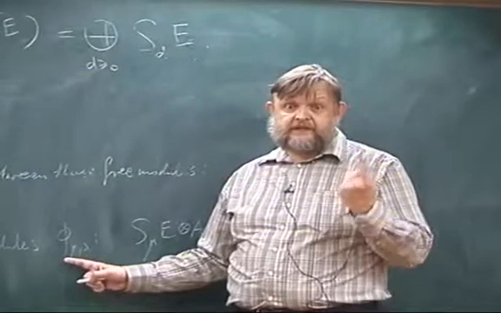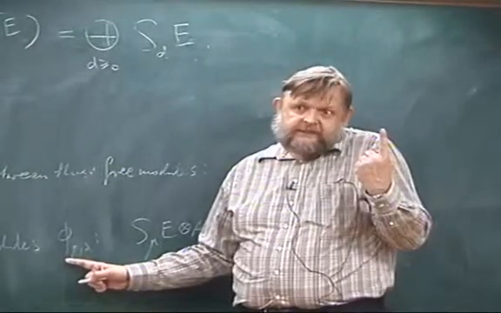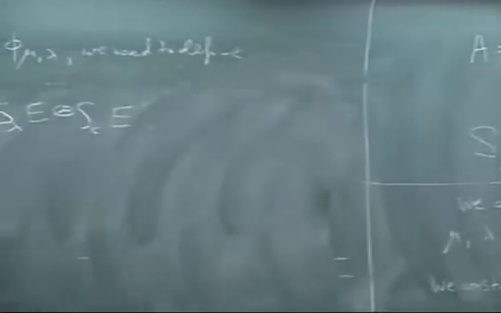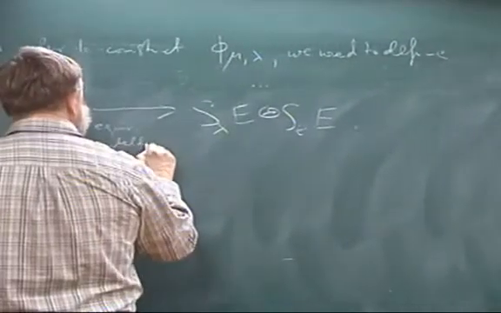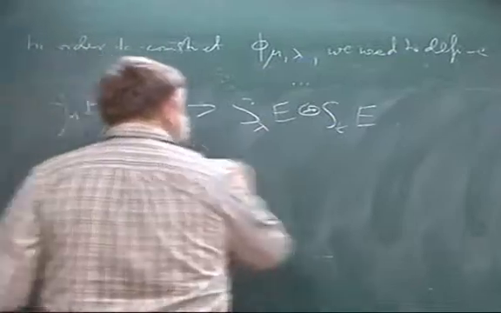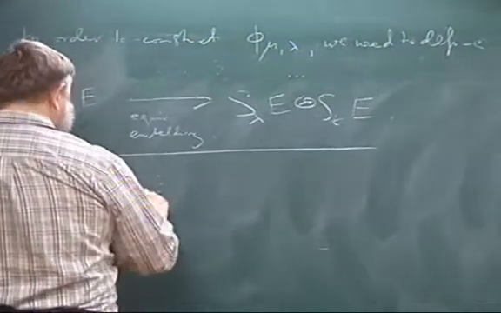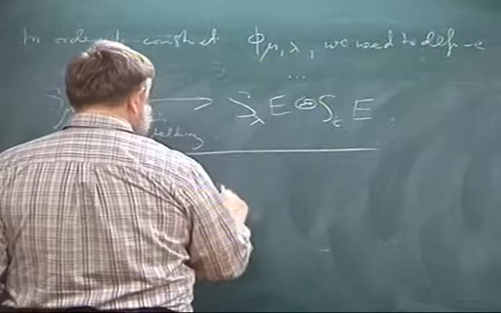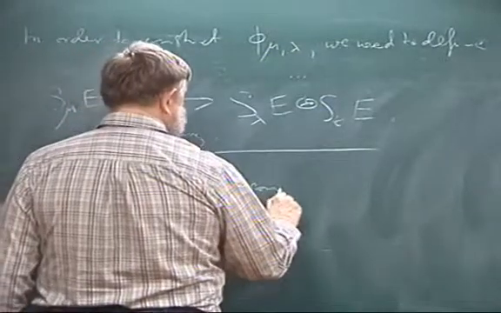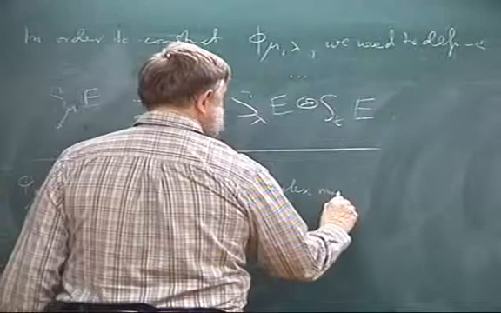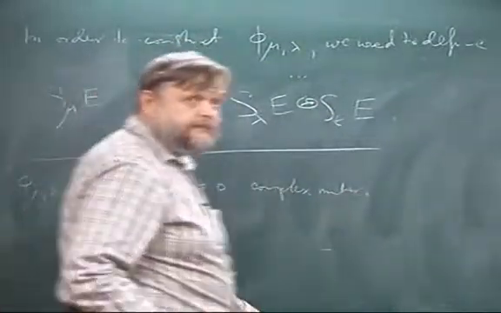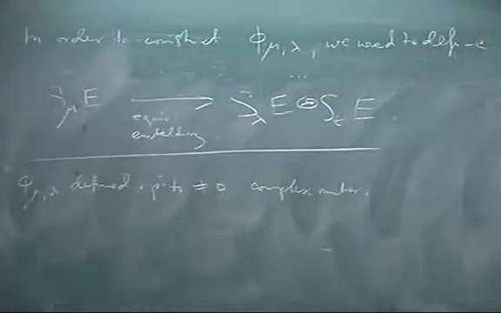But representation theory tells you that such a map exists and is defined up to a non-zero complex scalar. So this is an equivariant embedding. Okay, so this phi_{mu lambda} is defined up to a non-zero complex number. But we don't care.